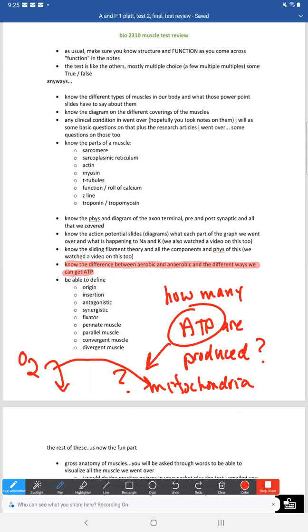If you take a biochemistry class, that's when you really dive into all the different ingredients that go into creating ATP. But here's the thing: no oxygen, no more ATP, and then the tissue dies.